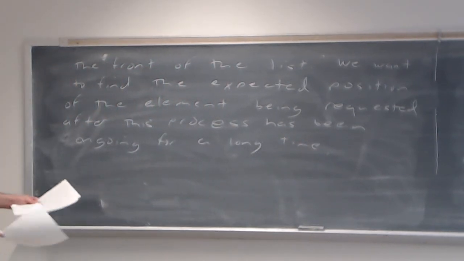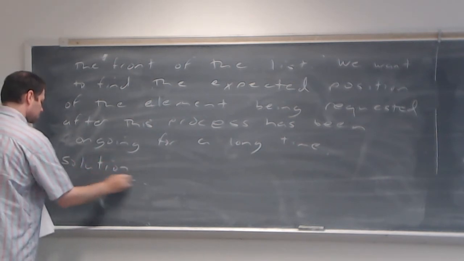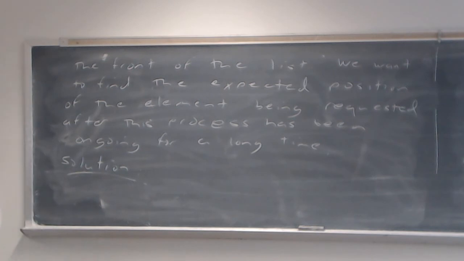Okay, so here's the solution. So we got this list, it's got n elements in it, there's some order, and then people start requesting them. The chance that a particular one is requested is E sub i, when it's requested, its probability P sub i, and they're independently requested.